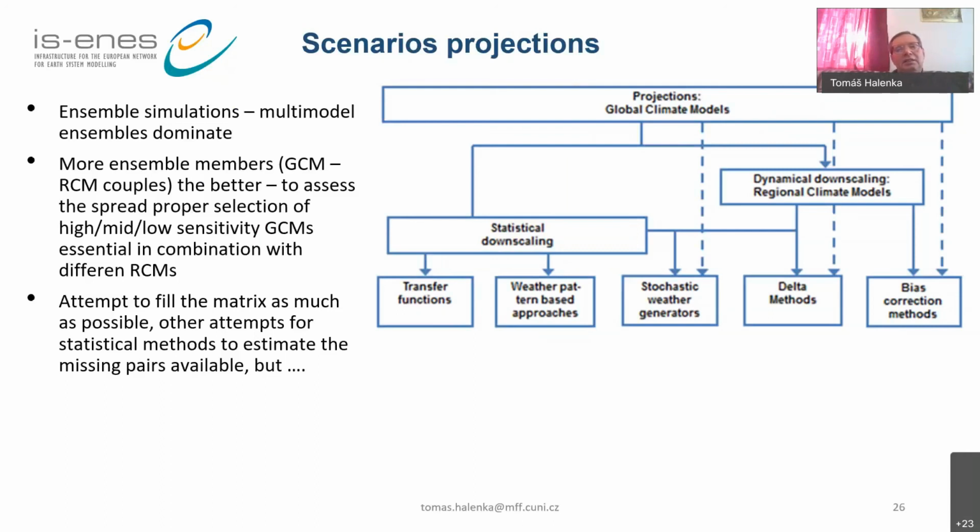On the other hand, it's usually a quite sparse matrix, because you definitely do not have all the combinations between all available regional models and GCMs. There are some methods to fill this matrix, I mean statistical methods.